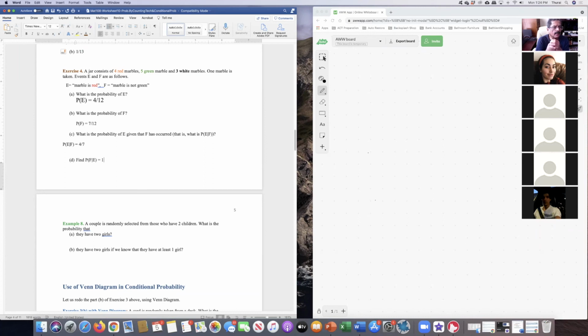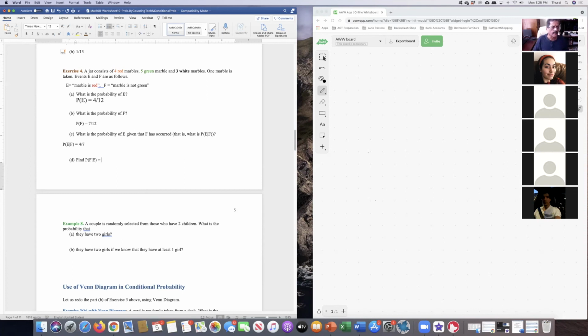So there are 4 elements in the sample space, right? And how many of those 4 elements will make the event of not green happen? All 4 of them. If the marble is red, then it's already not green, right?